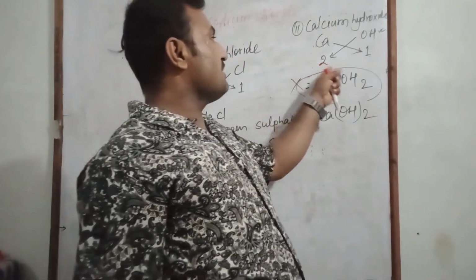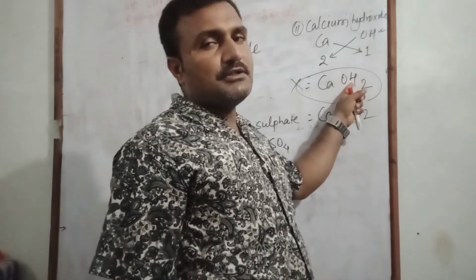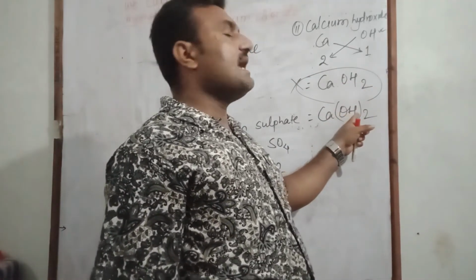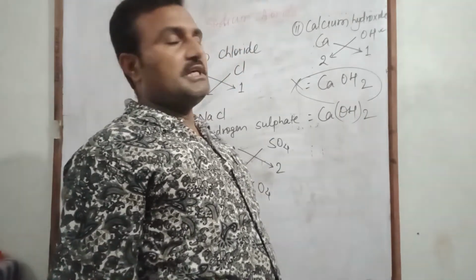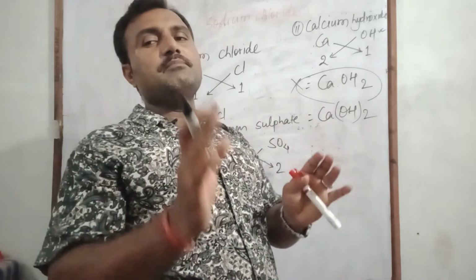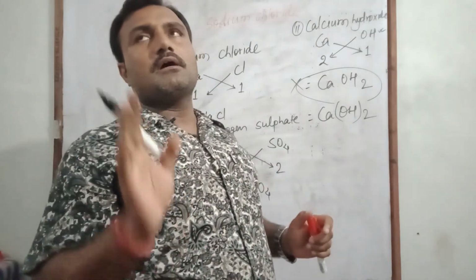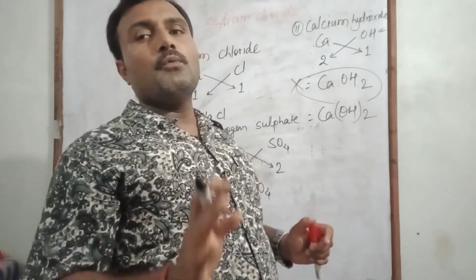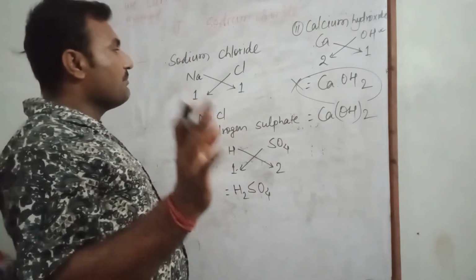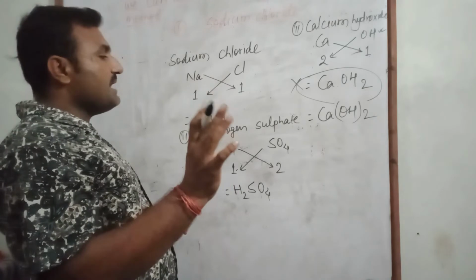Why? Because without the bracket the 2 represents only hydrogen, but with the bracket this 2 represents both oxygen and hydrogen. Therefore, we should focus on this point: while writing a valency after a compound radical, we write a bracket. But when there is no compound radical, then no need to write a bracket.